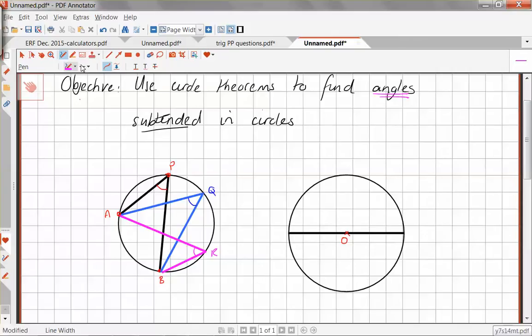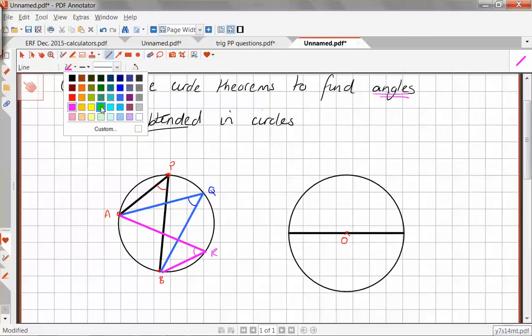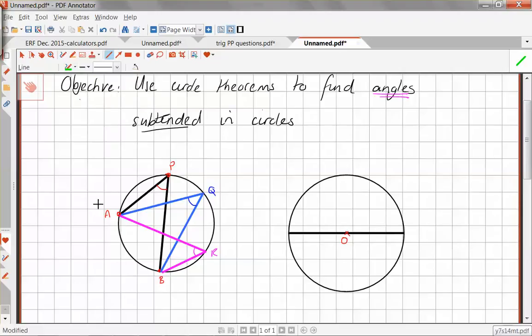Now, I just want to point one thing out. This is quite important. If I were to draw a line through A and B, just one line like that, I cut the circle into two sectors, one this side and one this side.